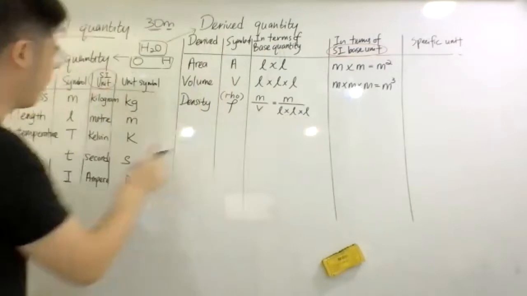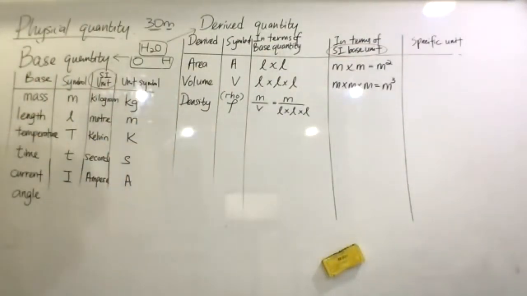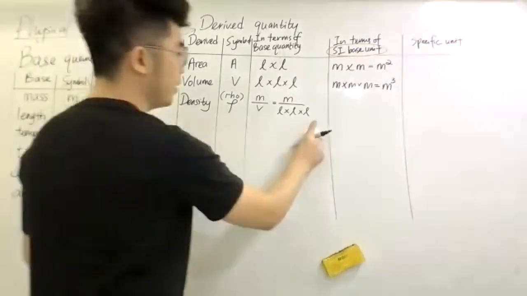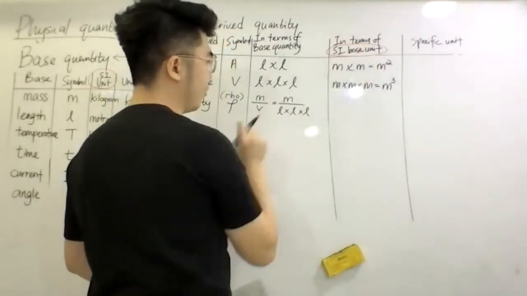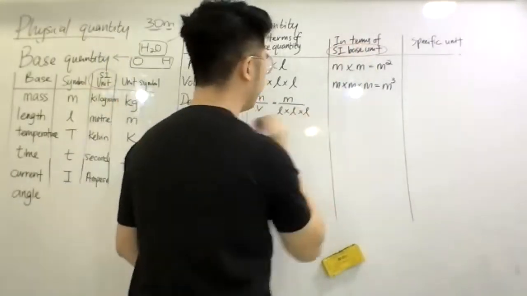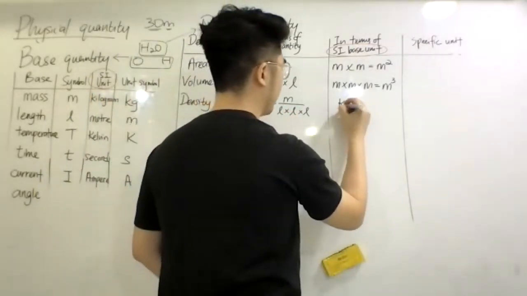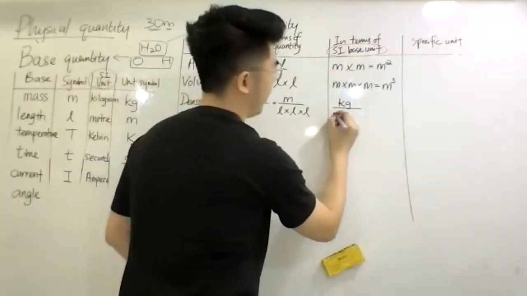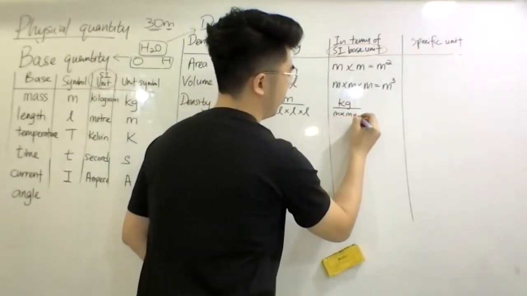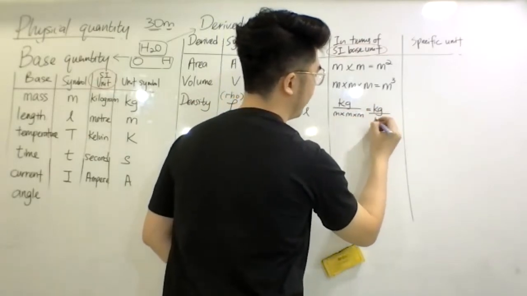All this length is from here, so I put that there. Here, in terms of SI base, I only change this to unit. So the mass is going to be kg, and then m times m times m equals kg over m cube, right?